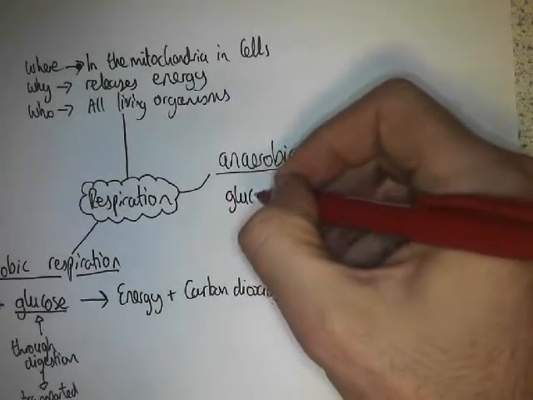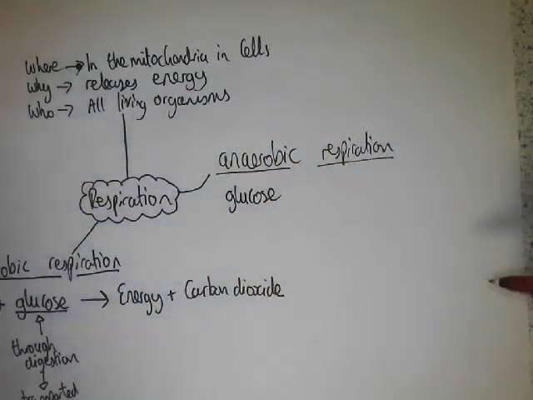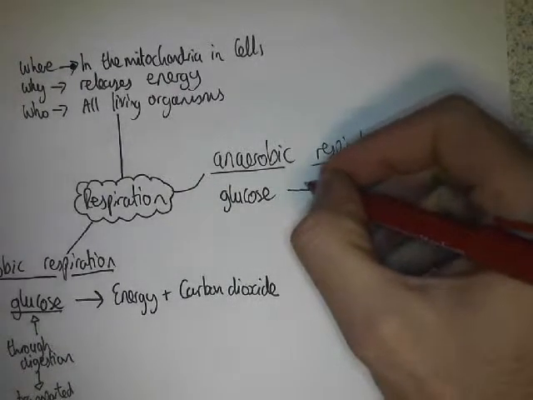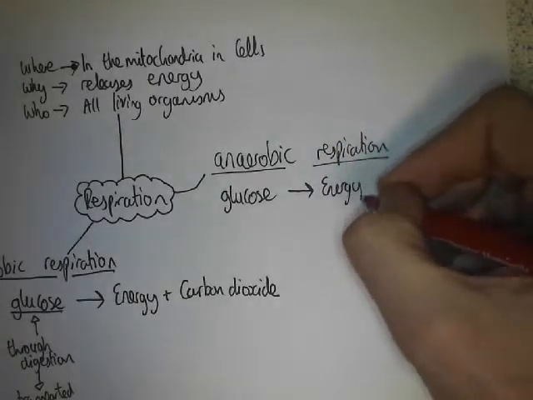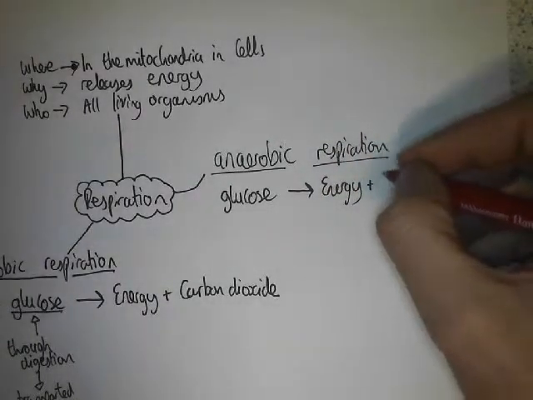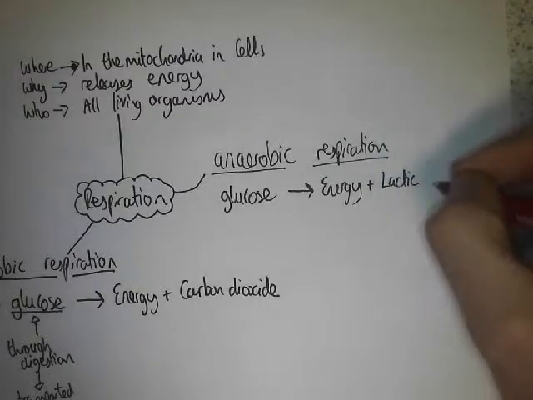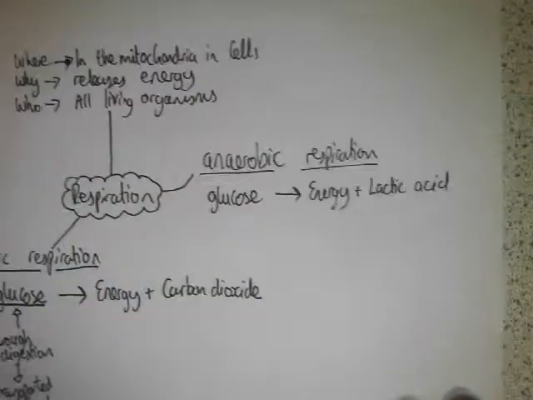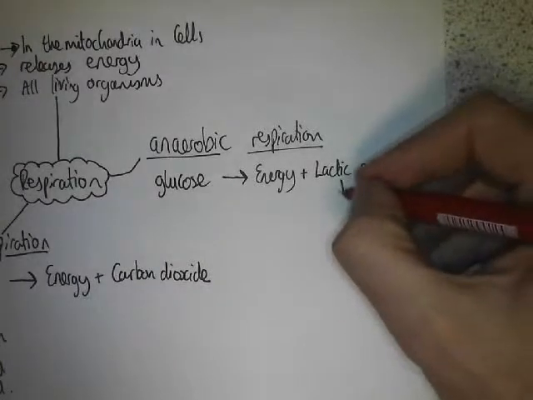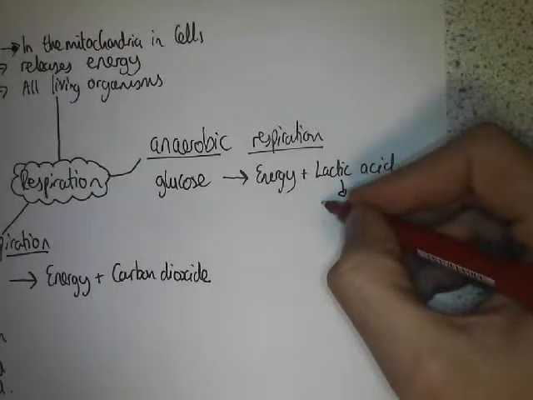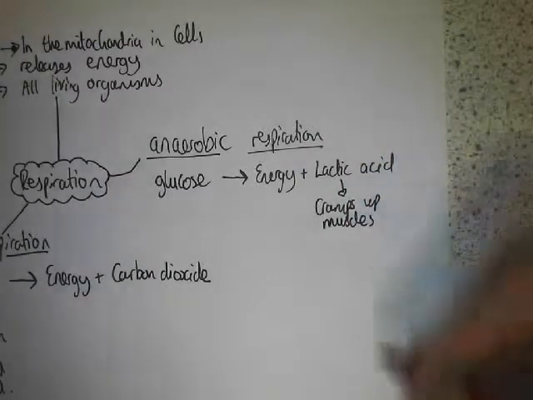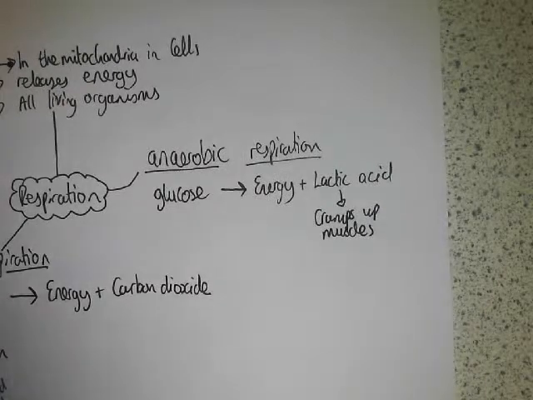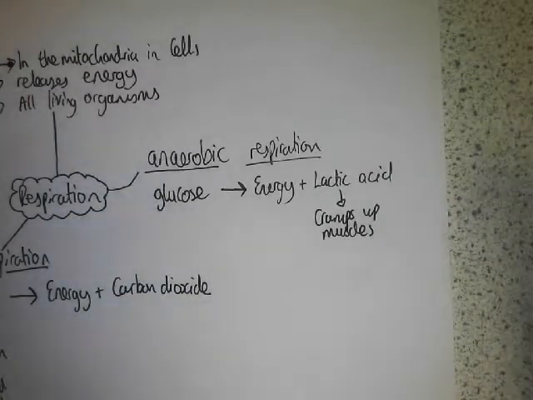So, glucose, just as it was in respiration, we haven't got oxygen this time, so from just glucose alone, we are able to produce energy, but as a byproduct, we also produce something called lactic acid. Now, lactic acid cramps up the muscles. It's not good. That's why you can't do high-intensity exercise for long periods of time, because lactic acid will prevent you from doing that through cramping.